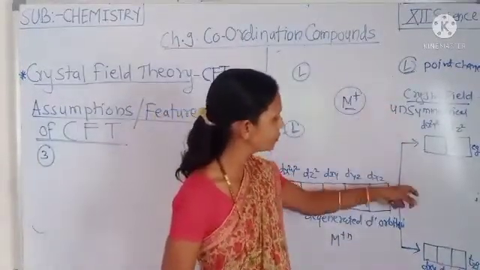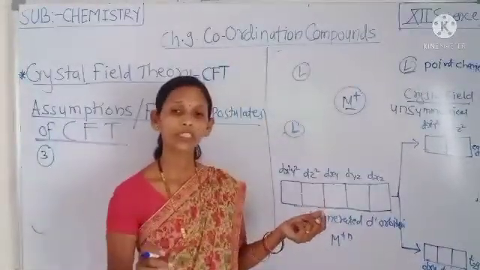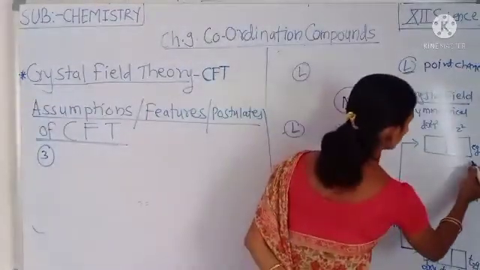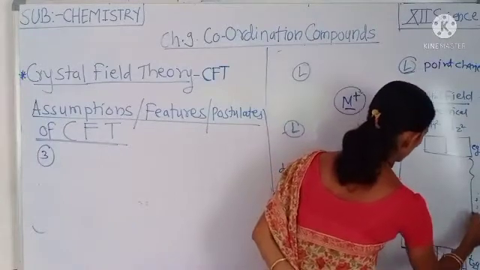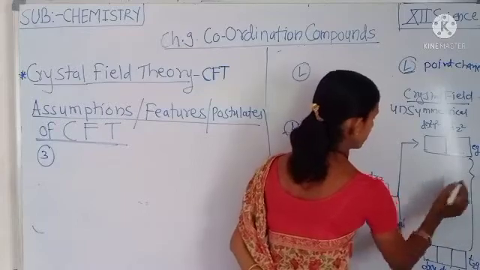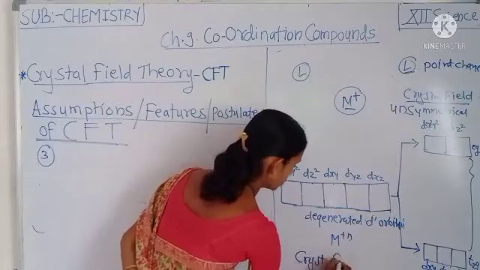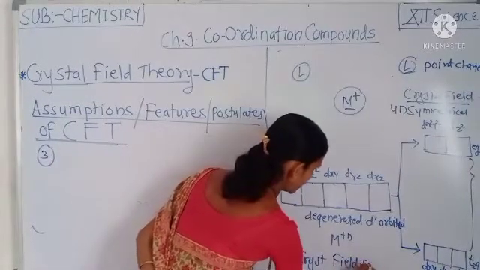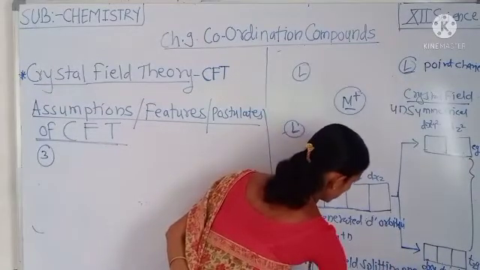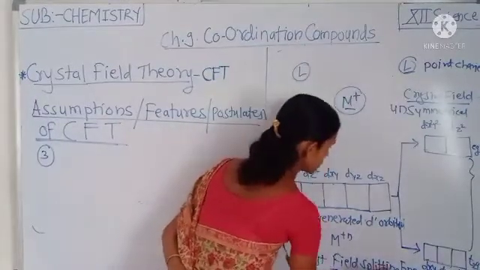When splitting of these orbitals takes place, the difference in the energies of the two sets is known as the crystal field splitting energy, CFSE.